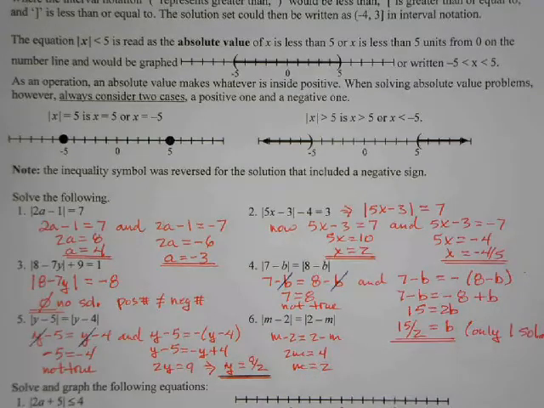And the second one, now I'm going to do the negative example. So now my m's go away when I try to move it from one side to the other, and I end up with something that's true. -2 equals -2.